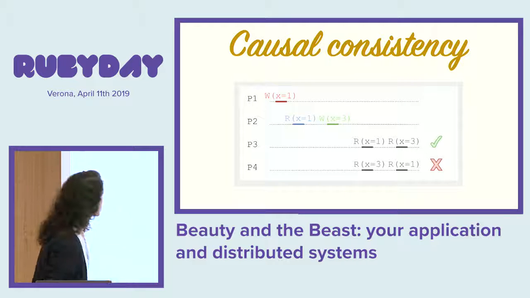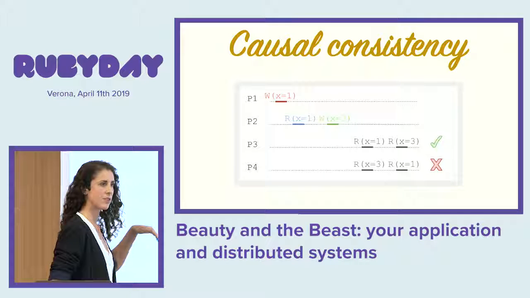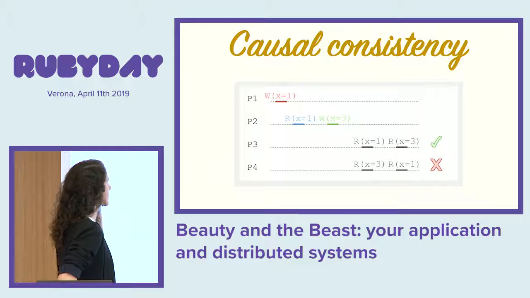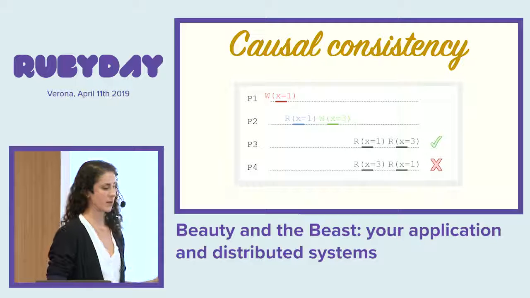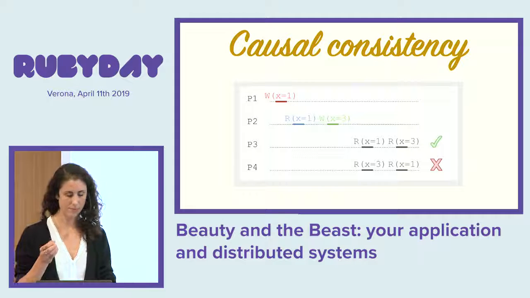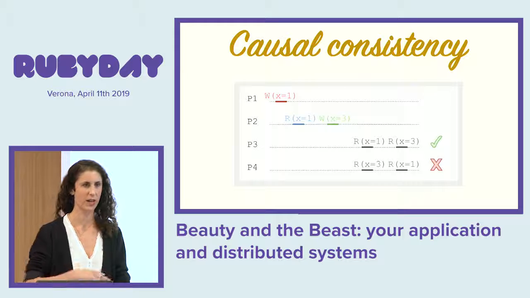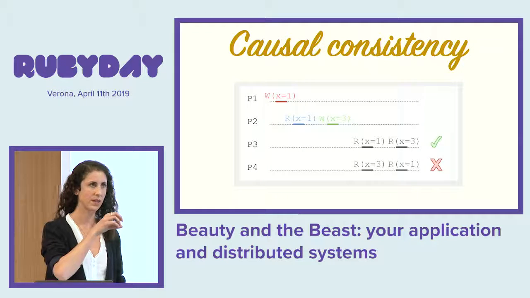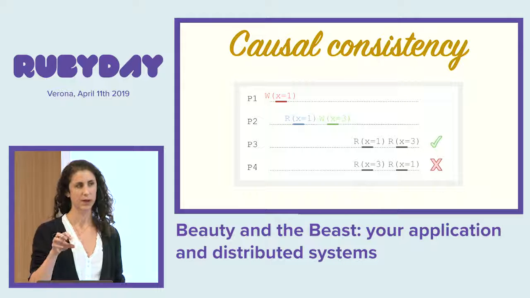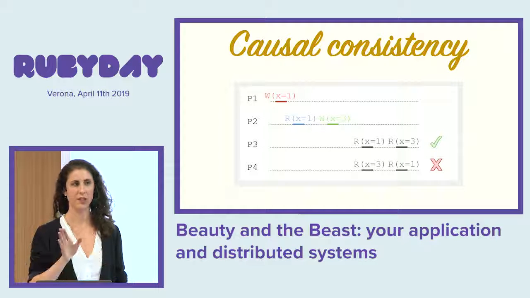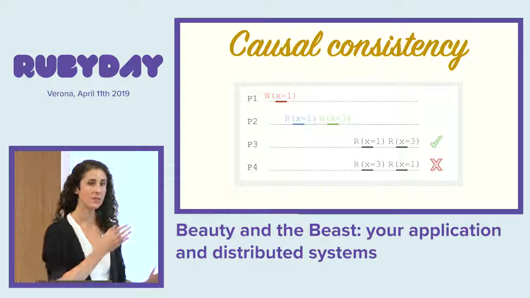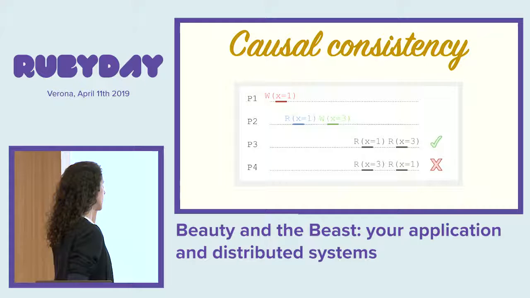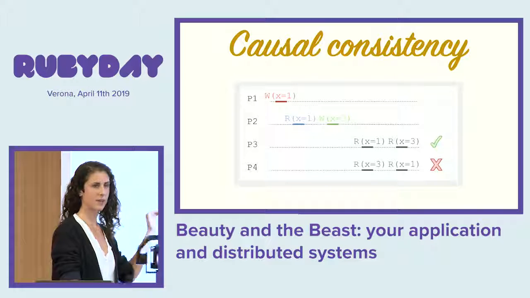Sorry, it's not so clear, but I think you can still read it, right? I'll read it through, so it should be clear. Causal consistency basically describes that when you have operations executed in the system, there's going to be some relationship between one operation and a subsequent operation. So there's kind of a vector from one to another. In this example, in process 1, I write x equals 1.